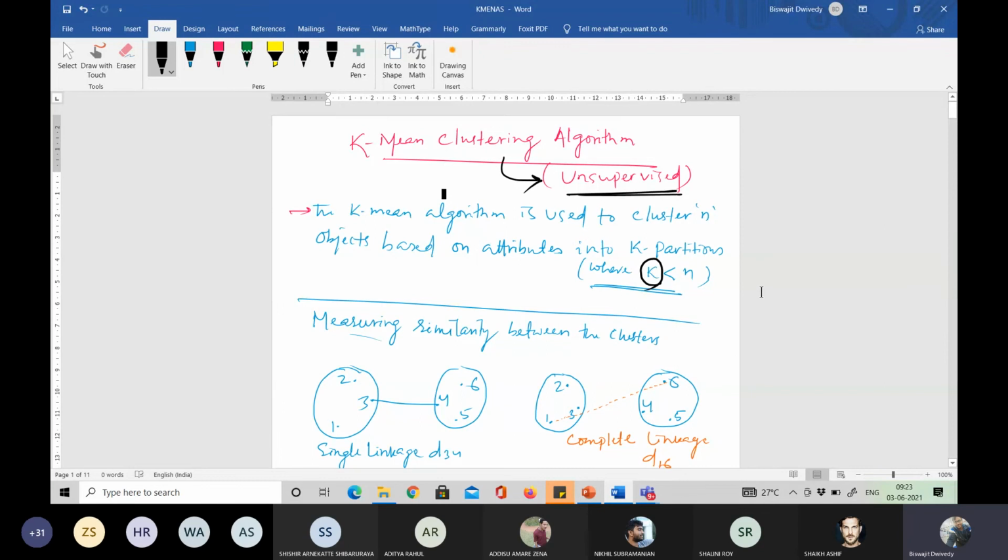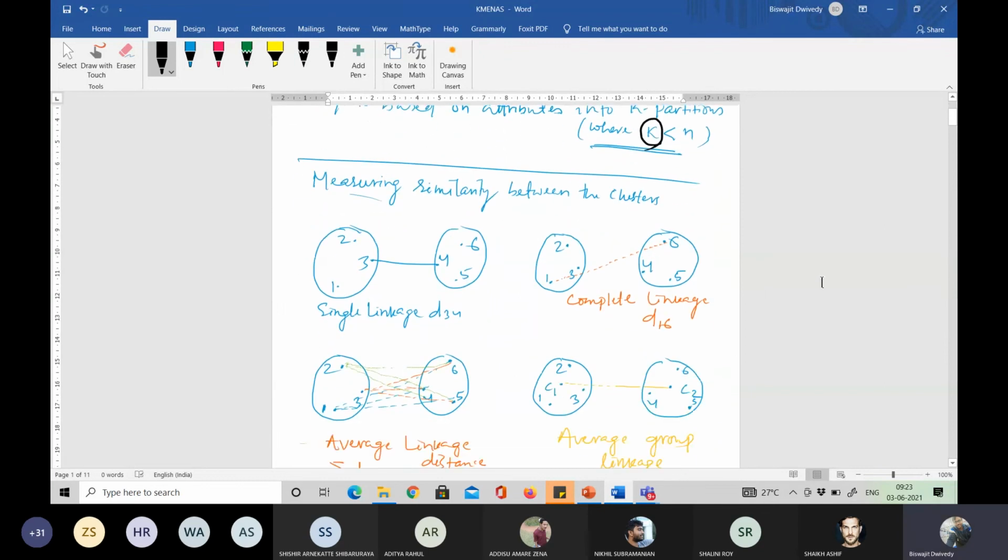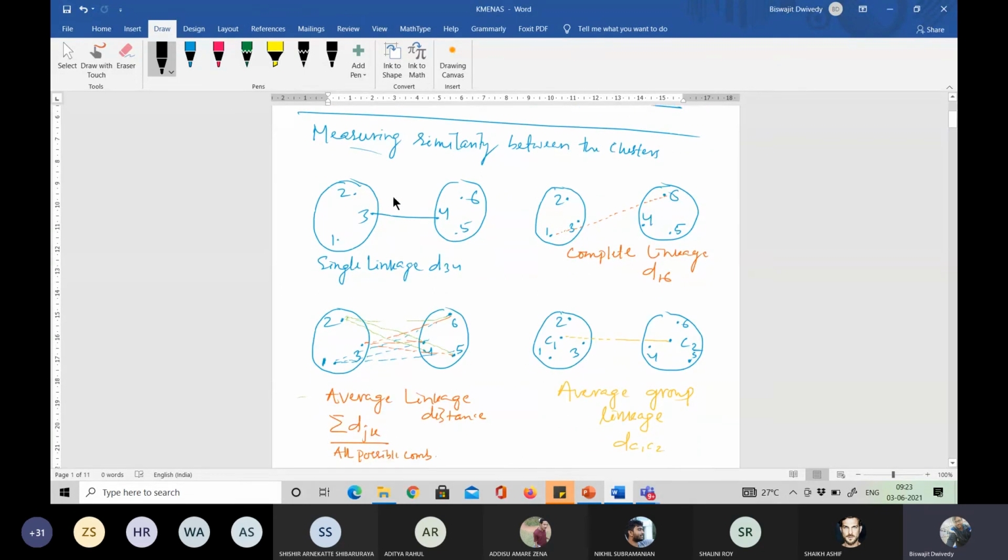Before I go into the problem, there are some fundamental things: how to measure the similarity between two clusters. There are four techniques used to measure the similarity between clusters.